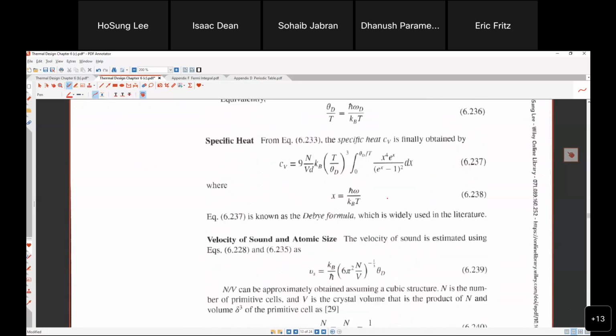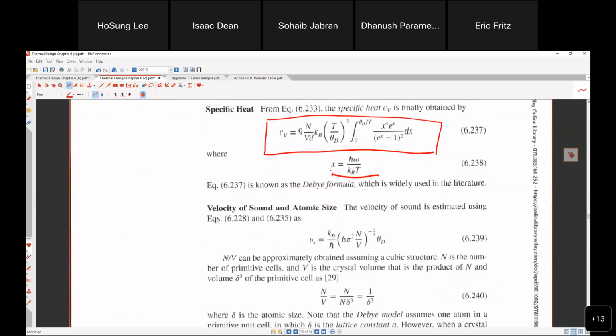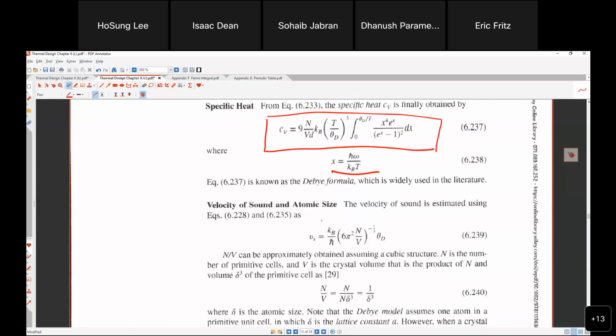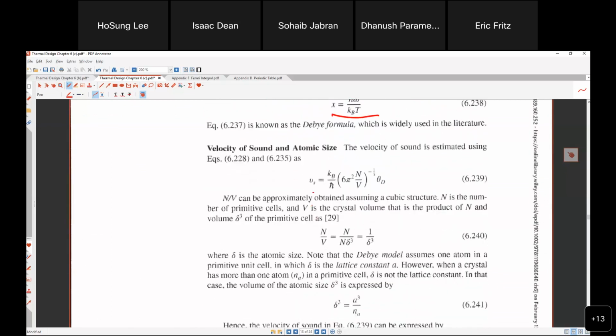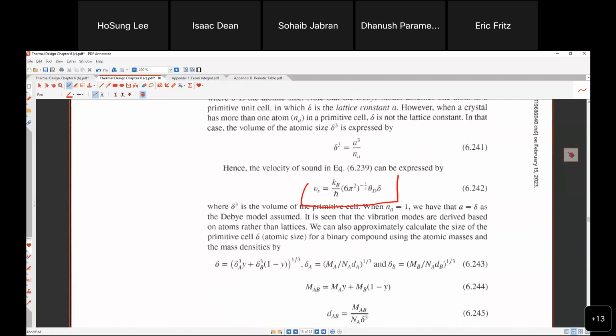Anyhow, so we have a nice expression of specific heat. X is this, and the velocity in terms of atomic size delta. It's almost the lattice mostly, but not always.